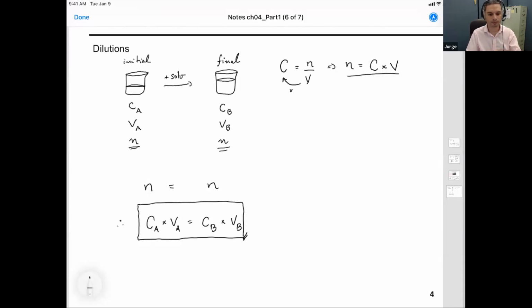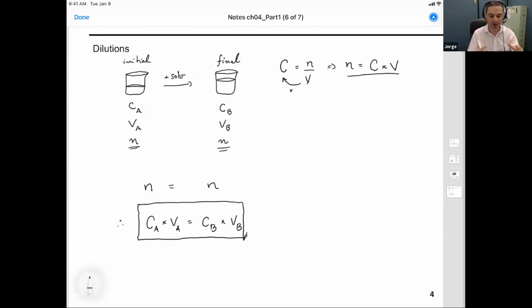So to this point, I showed you how to calculate the concentration, and I told you that we can have two different kinds of concentration. First one is called molar concentration or molarity, and it's the ratio between number of moles over volume. And the second one is just called concentration, and is the ratio between the mass and volume.